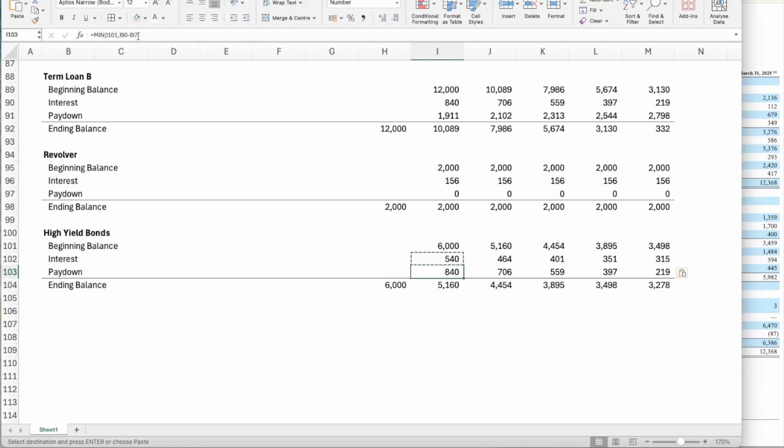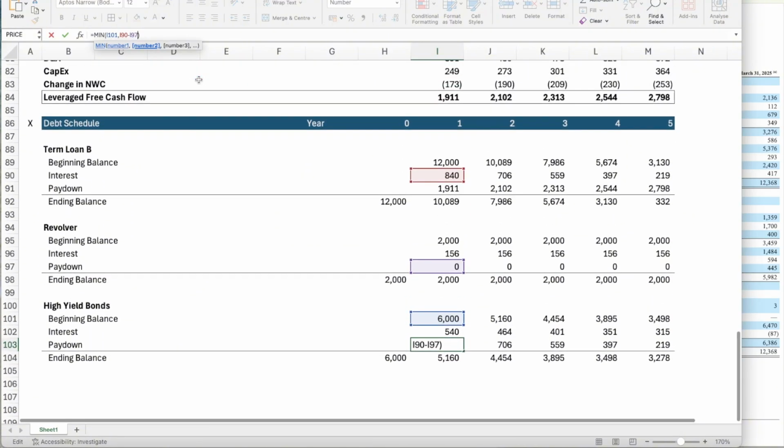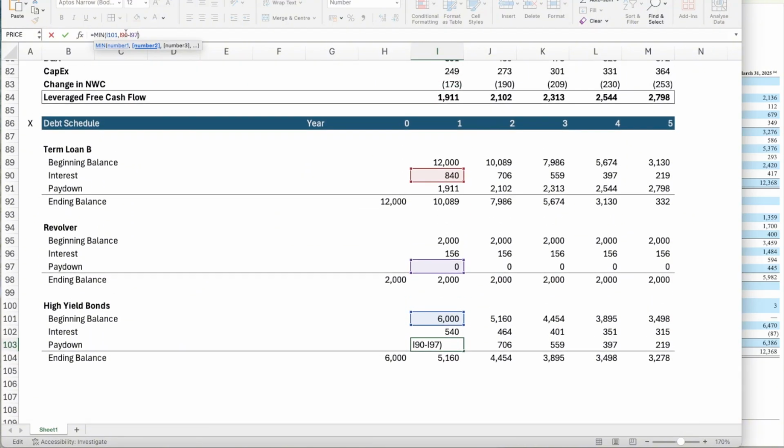It still needs to be the cash flow minus this paydown.